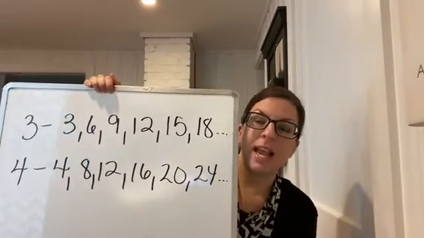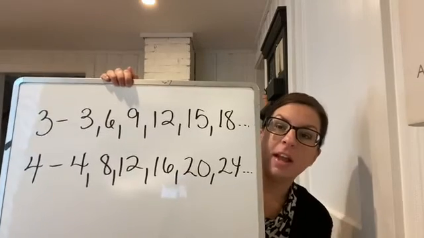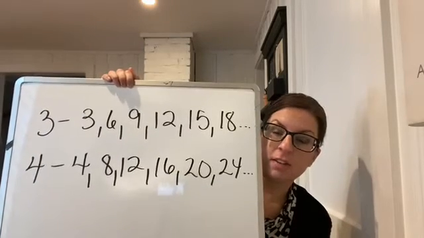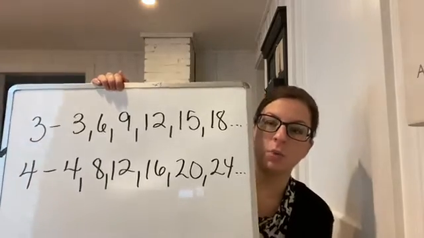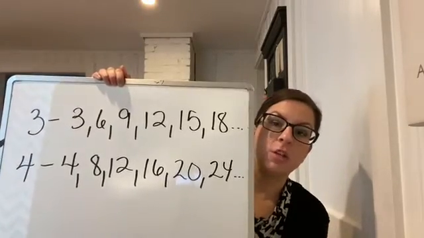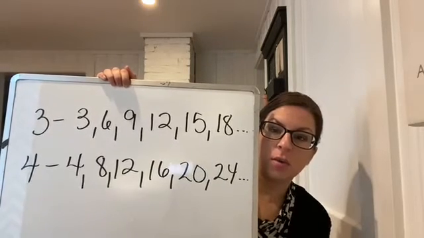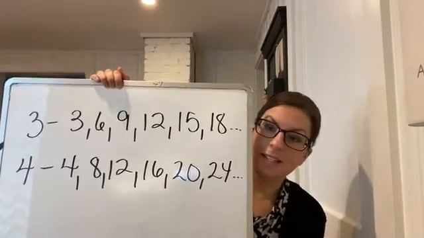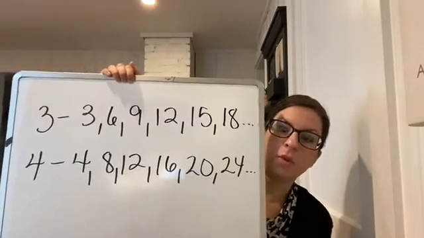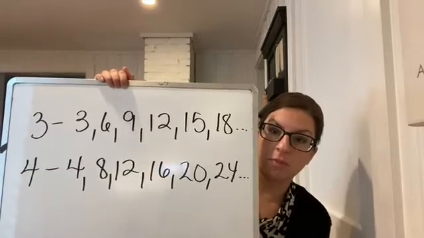Those are just the answers to all of our 3 multiplication tables. For the multiplication table for 4, the answers are 4, 8, 12, 16, 20, 24, etc. Again, it's like skip counting. So those are multiples of 3 and multiples of 4.